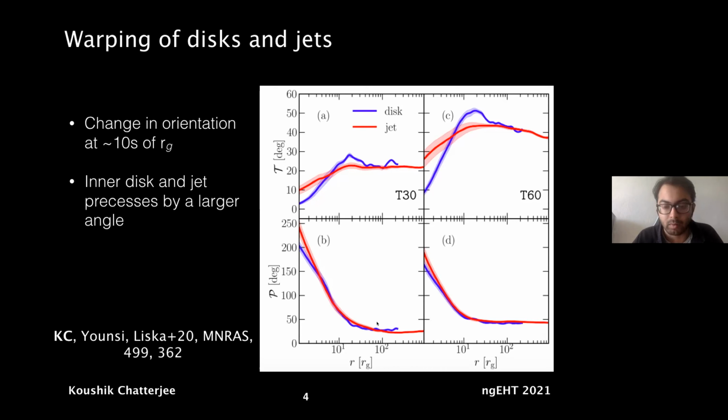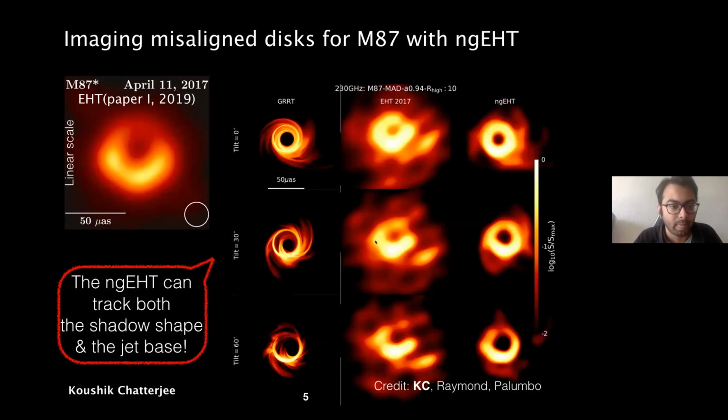What you're left with is that the inner disk has precessed away while the outer disk doesn't precess as much, and so you have a warp in the disk as well as in the jet, which you can actually see in ngEHT scale images.